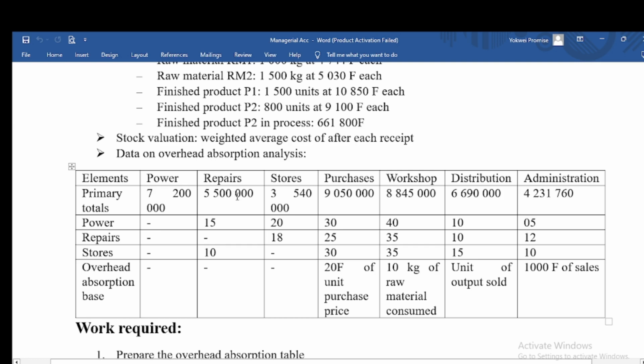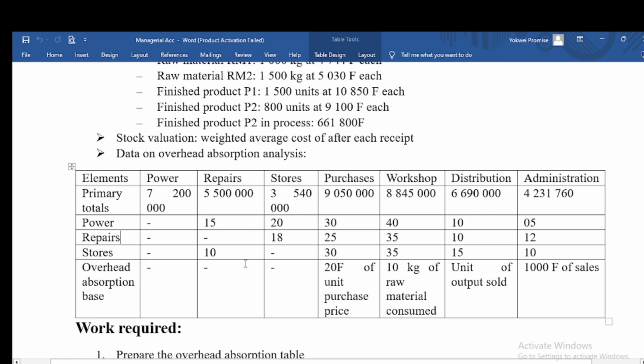So power is going to neutralize itself here to 0. And then repairs, after sharing, if we look keenly, we also notice that repairs and store are linked: store is giving 10% to repairs, and repairs here is giving 18% to stores. So they are also going to share, and then they will neutralize themselves.